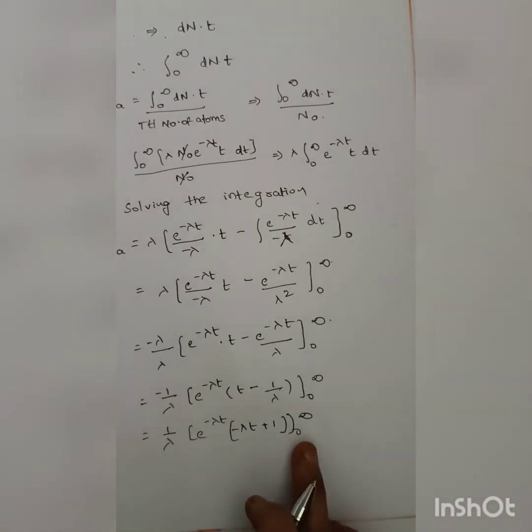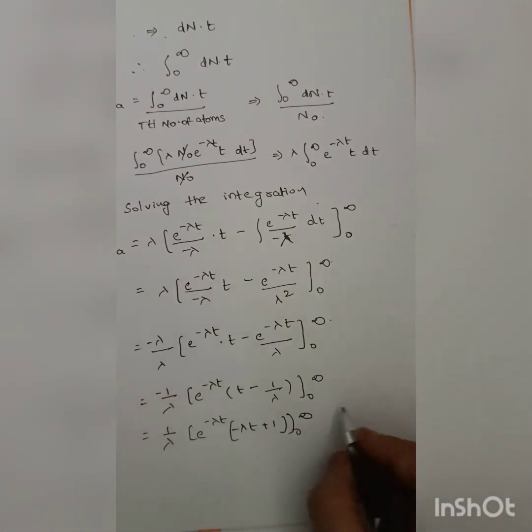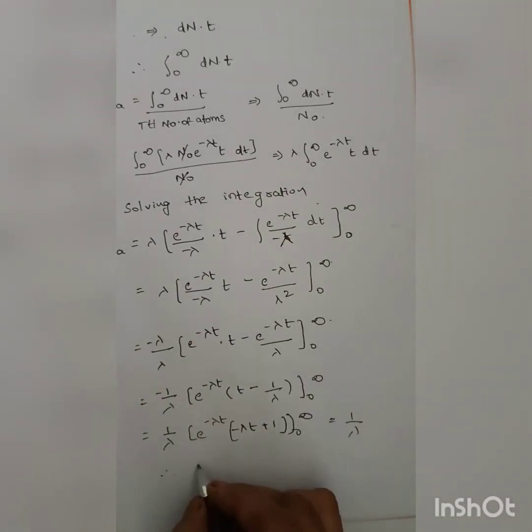So by applying these limits, what we get finally is 1 by lambda. Therefore we can write T average is equal to 1 by lambda.